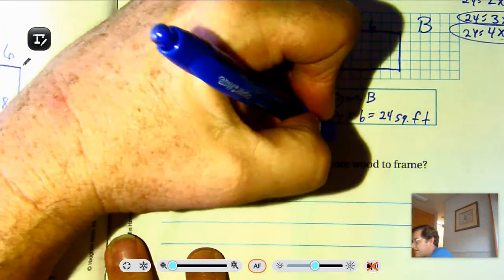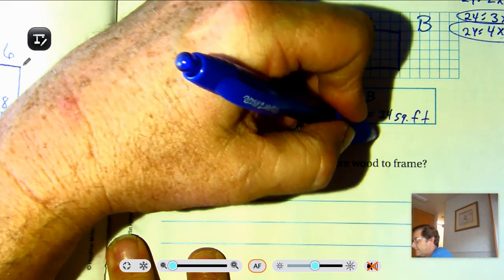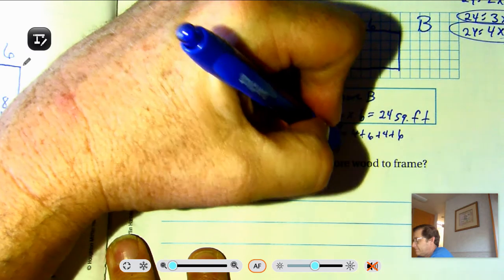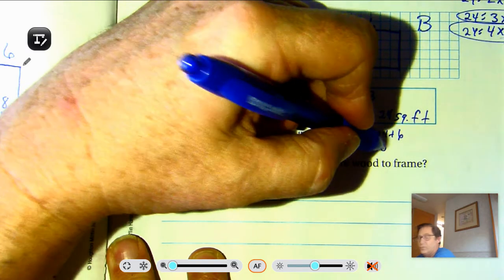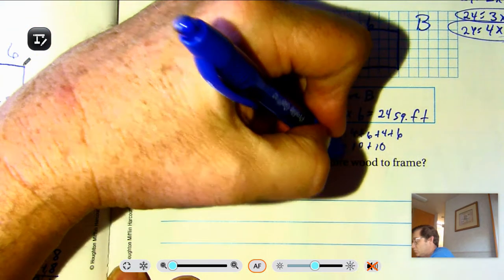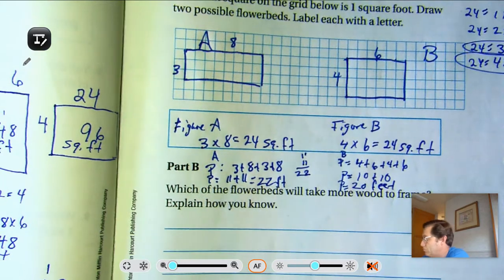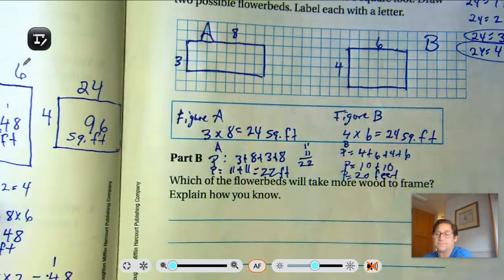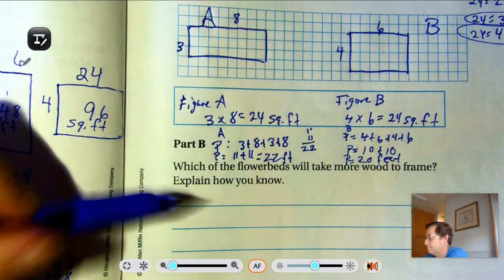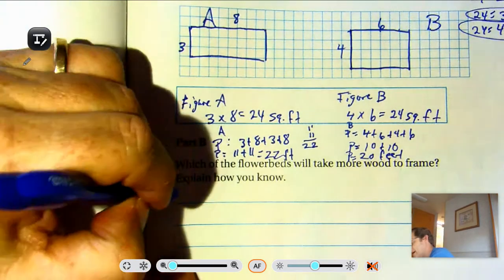The perimeter of B is 4 plus 6 plus 4 plus 6. 4 and 6 is 10. 10 and 10 is 20 feet. All right, so which one will take more wood to frame? A takes more, in mine.